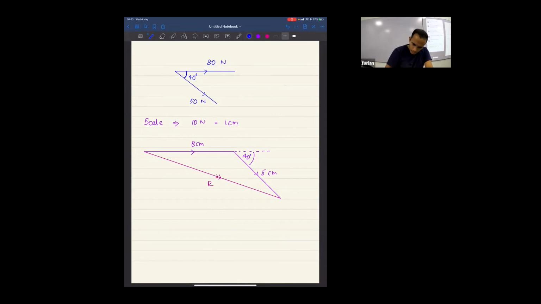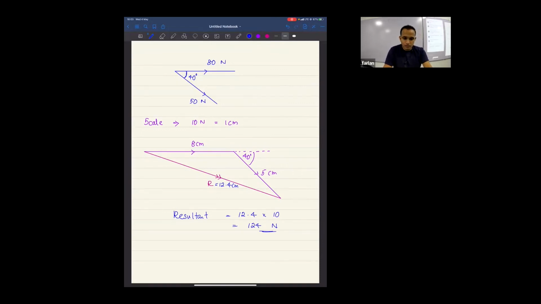So now let's say this is 12.4 centimeters. Then the resultant will be 12.4 multiplied by 10, which is 124 newtons. So you stick to your value, whether 12.4 or 12.2.